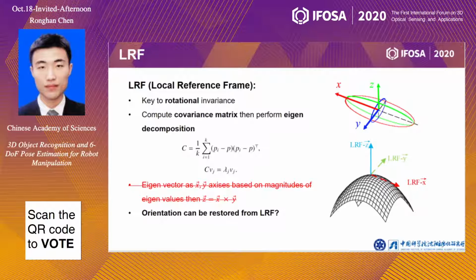So I think this problem still exists, since if the object whose pose you want to detect or estimate is a sphere, then all the local features are symmetric, so you can't estimate the pose or anything like that. Yeah, okay. Yeah, thank you.